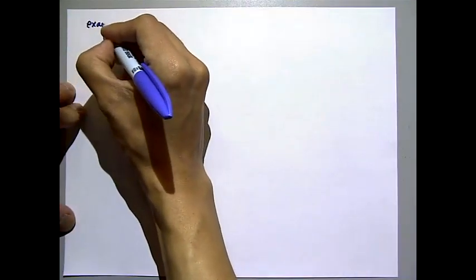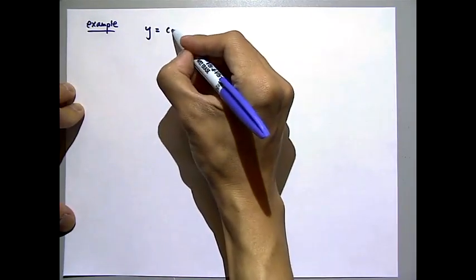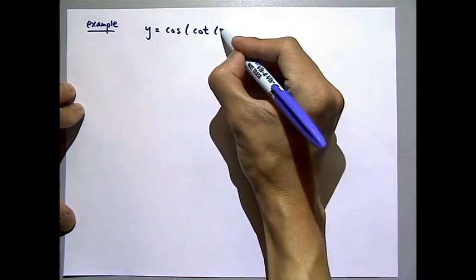Okay, let's do another one like that. Let's do y is equal to cosine of the cotangent of 2x.